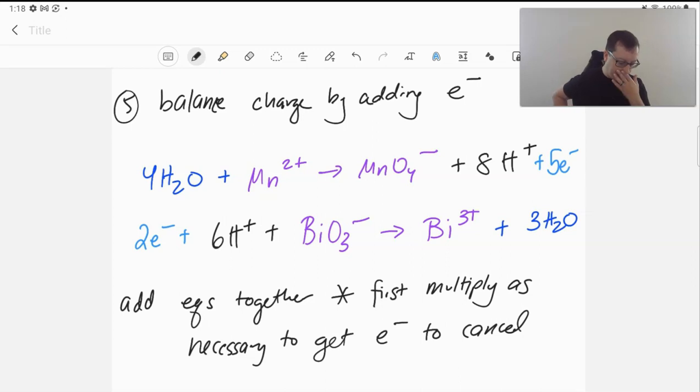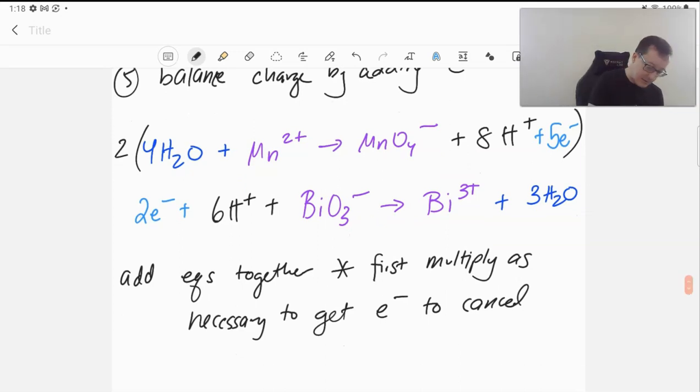So if we take a look at our first reaction, we have 5 electrons. In our second reaction, we have 2 electrons. If we need those electrons to cancel out, we can't just add them directly. We're going to have to multiply both of these. So we're going to need 2 of this one so that we have 10 electrons total. And we're going to need 5 of the bottom one.